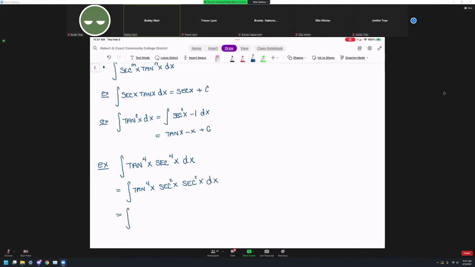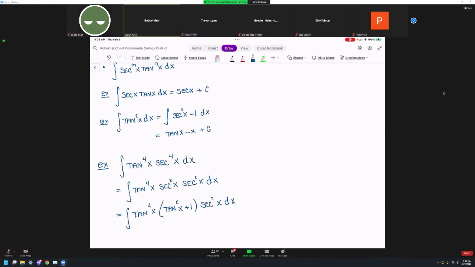And then I'm going to convert the middle one, since tan squared plus 1 is secant squared x.